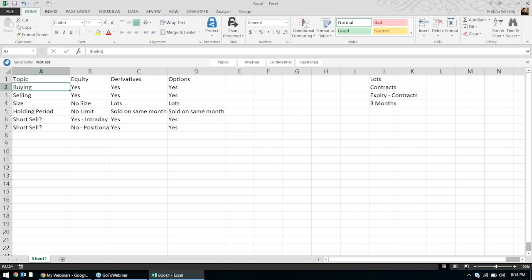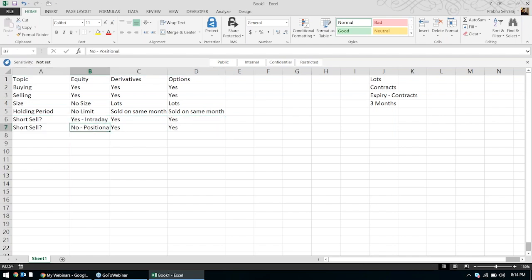Okay, short sell. So short sell intraday, yes. In equity, you have to square off the same day that you are short selling in the cash market. Derivative contracts and option contracts can be carried to the next day. Can we short sell more than one day for futures stocks?